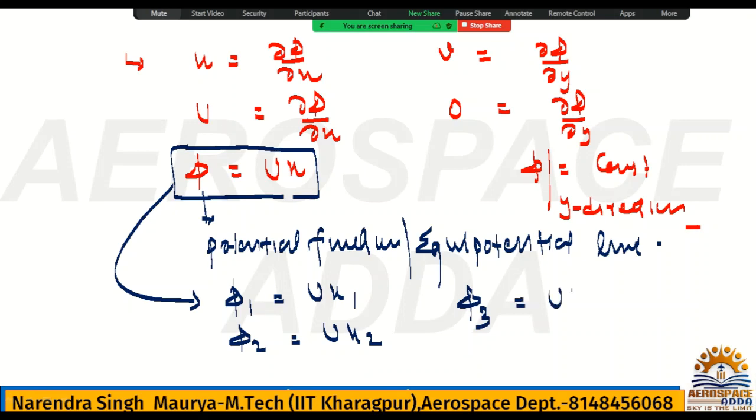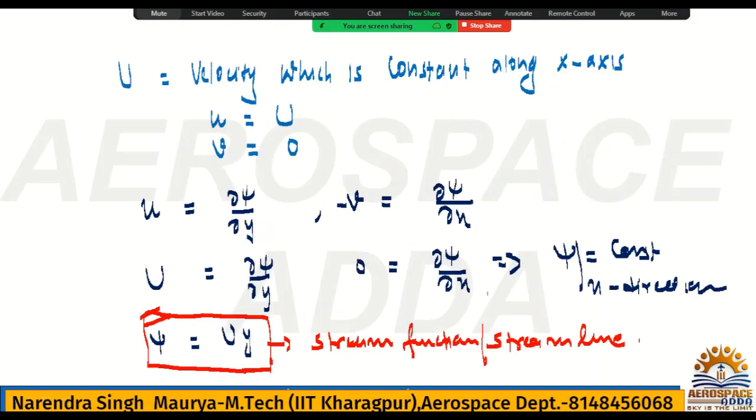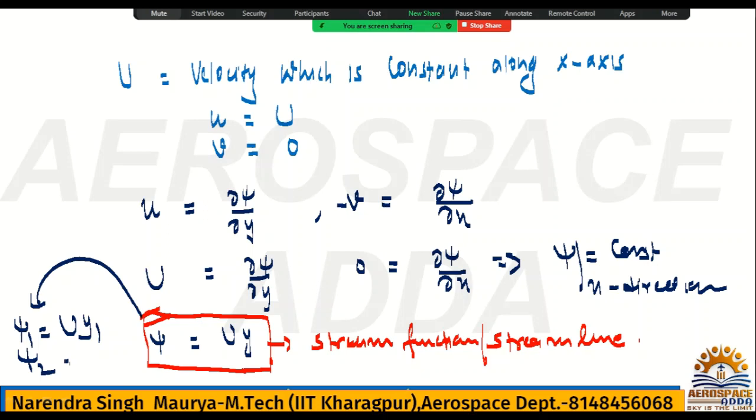Phi 3 is equal to ux3. All right. Similarly, for the stream function psi, you can write psi 1 is equal to uy1, psi 2 is equal to uy2. Similarly, psi 3 is equal to uy3.